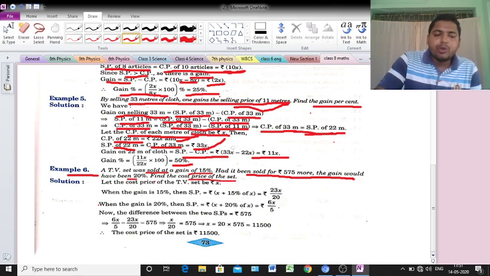We have to find the cost price. CP we don't know, so let the CP of the TV set equal rupees x.